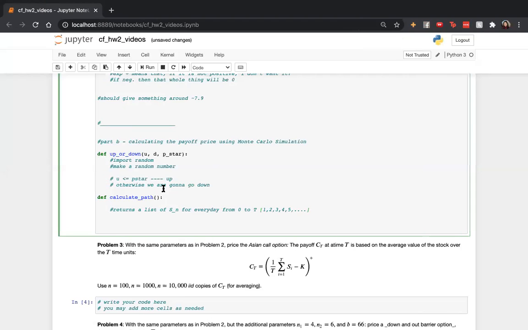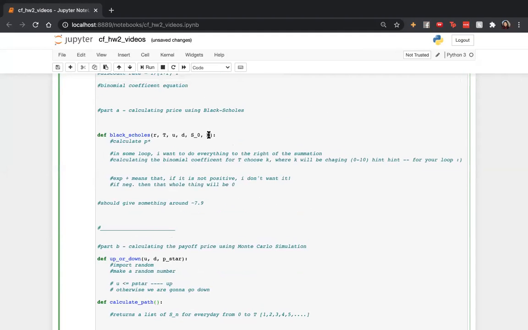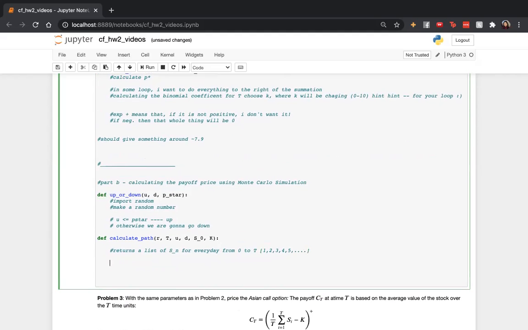And so what are we going to pass into here? As a default, honestly, it might be good just to copy all the same parameters and paste them in there. You will probably not use all of them, but I think the flexibility is nice. I'm just going to start you off with the idea of it, and then that's all up to you all. So we know what the stock price at day 0 is going to be.